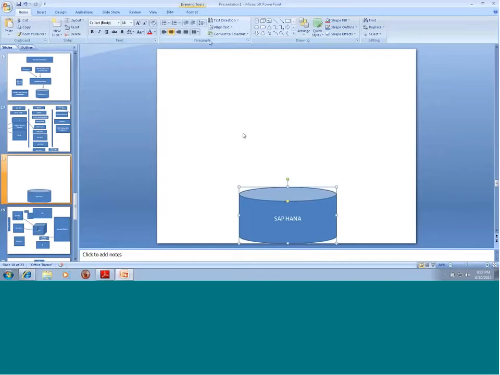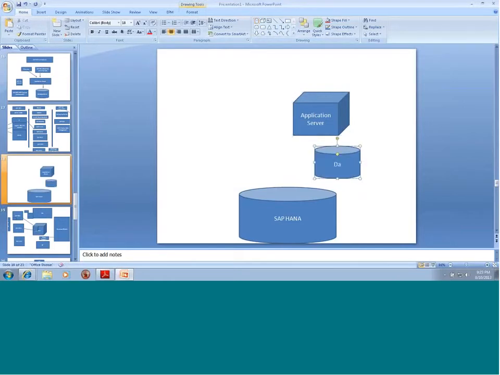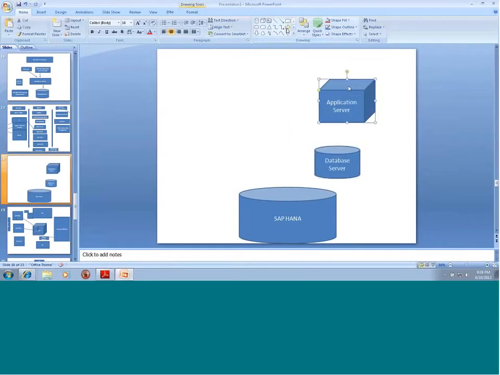Definitely. If you look at the traditional BW system, BW is a data warehousing tool. It contains an application server and it has an associated database server. When a transaction happens in the ECC system, it is moved into the data warehousing system.